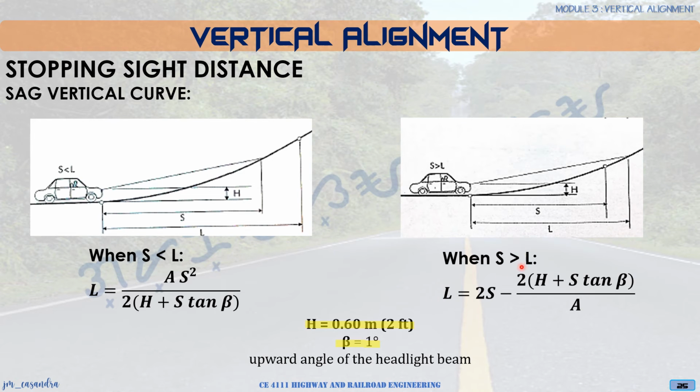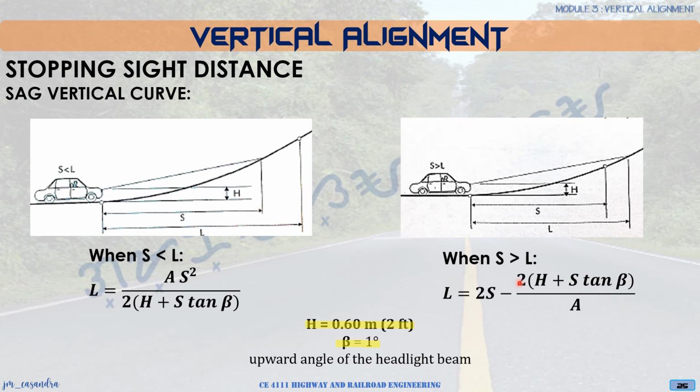So for the second case, L now is computed as 2S minus 2 times H plus S tangent beta divided by A. So take note, in my equation here, the constant is 2.